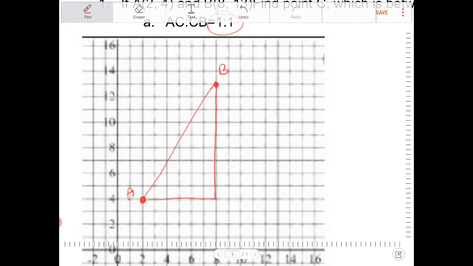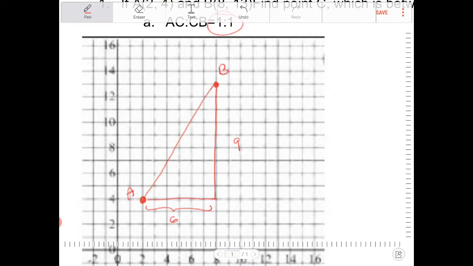The horizontal component, I move 6 over, and in the vertical component, from 4 to 13, that would be 9, right? So I go 6 over and 9 up.